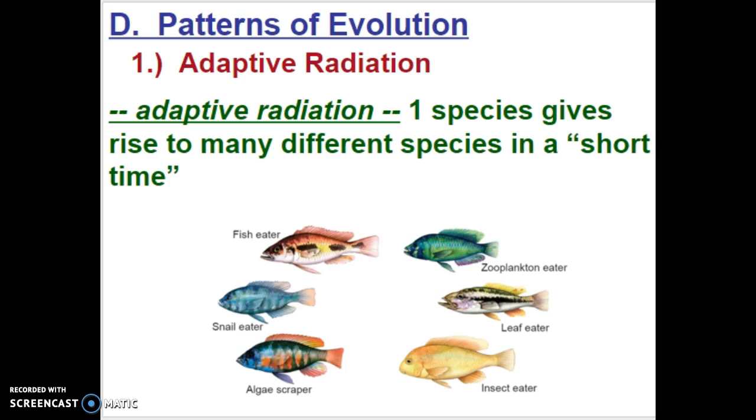The African cichlid fish that you see down here each have a type of mouth part based on what they eat. So because of the food resources, the original cichlid population has branched out and radiated out into several different species.